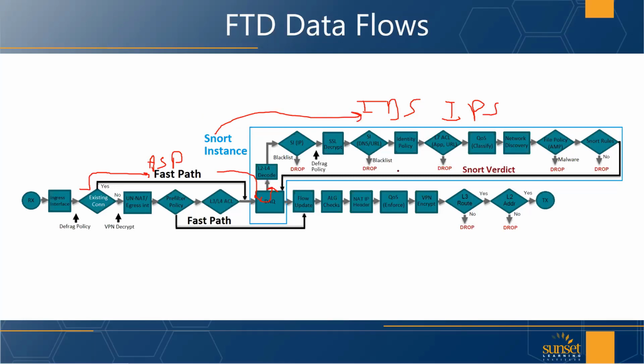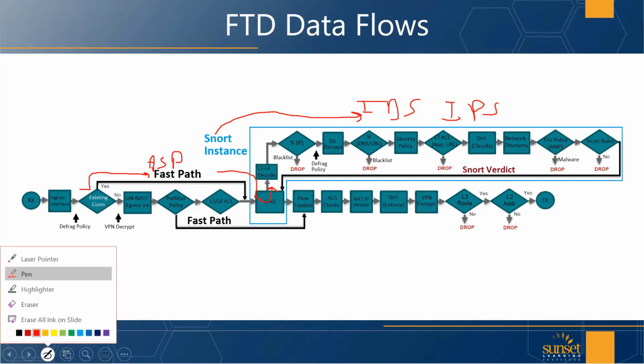Some other firewall vendors will just send the first few packets through. Their IDS, IPS module makes a determination, and then they don't send the rest of their packets through this engine. Cisco does with SNORT, and the reason for that is in case someone tries to do an injection attack during that connection, the SNORT can catch it. Same thing though, every packet still goes through the flow updater.